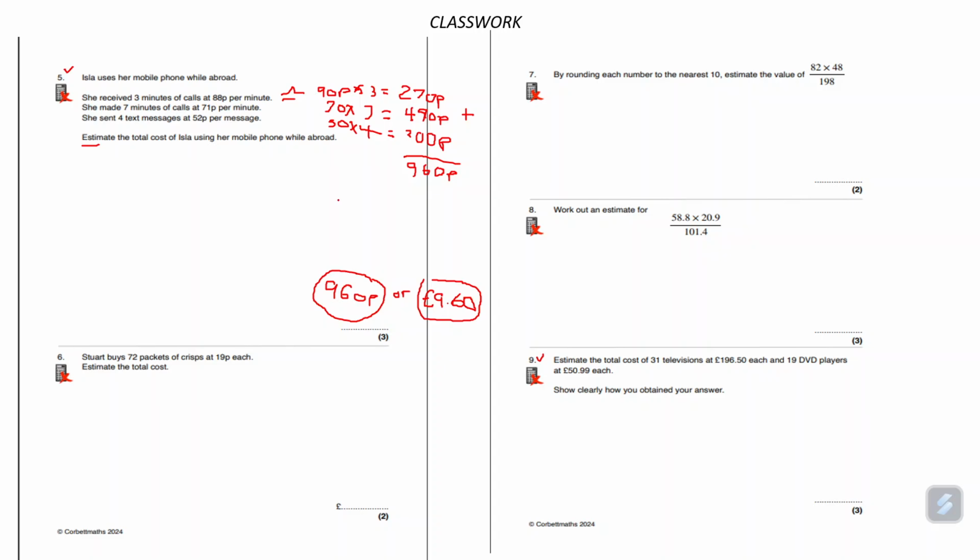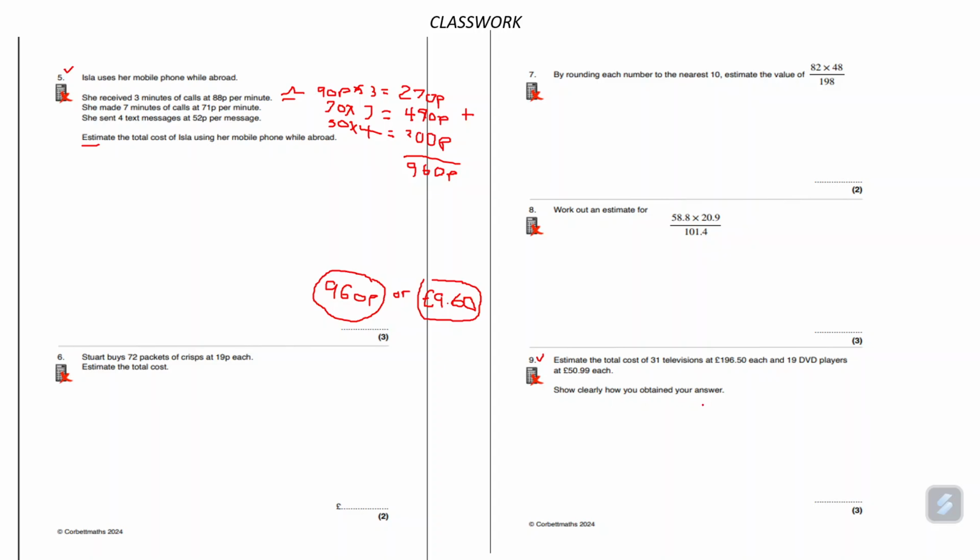Now we'll continue with the other question, which is question number 9. So let's see. The next one says, estimate the total cost of 31 television at 196.50 each, and 19 DVD players at 50.99 each.